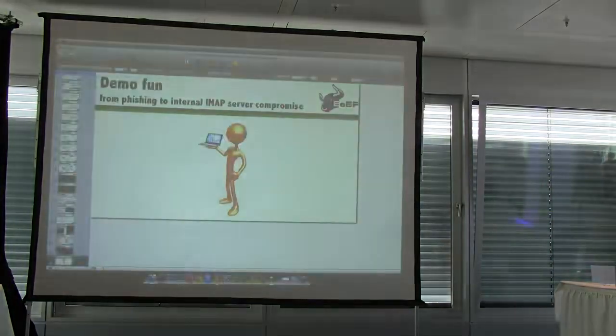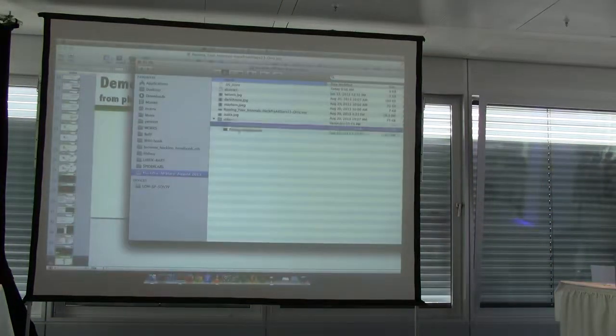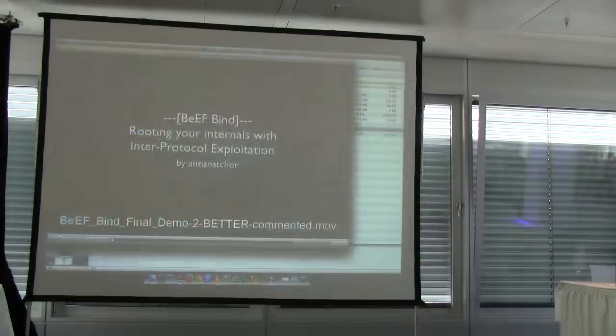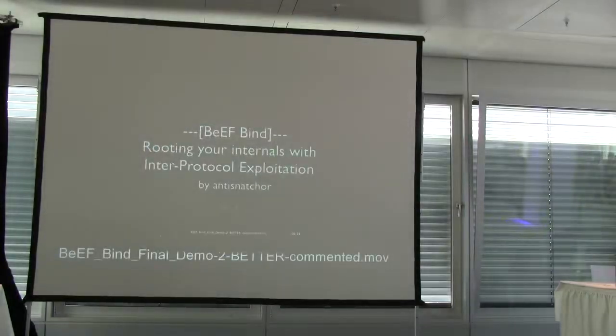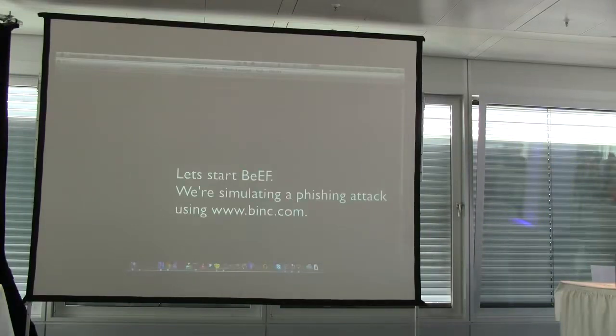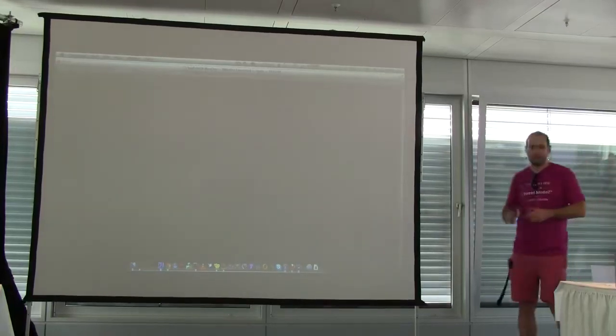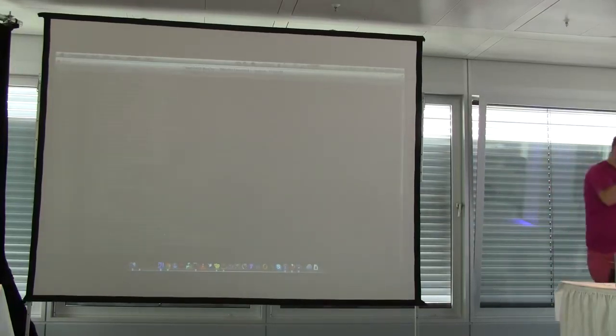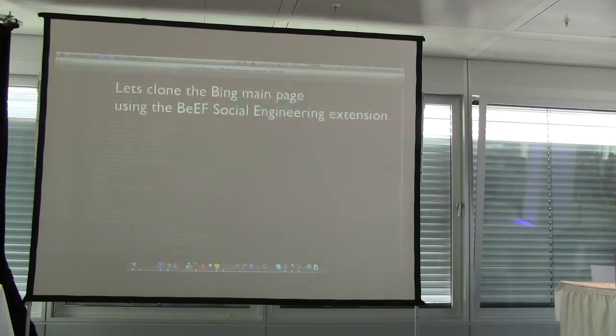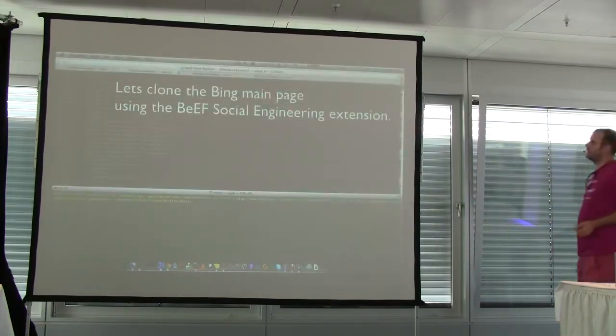Yeah, so let's have a look at the demo. In this case, we are simulating a social engineering attack, where you have defined in /etc/hosts something like bing.com to point to one of your servers inside the network.